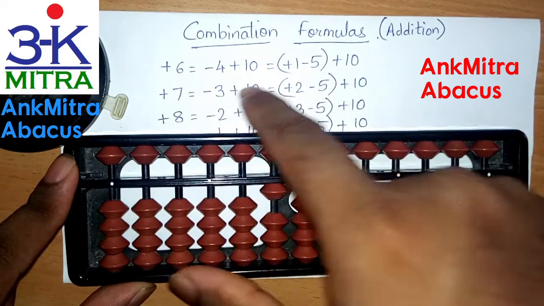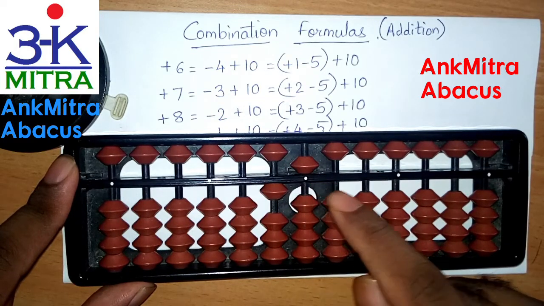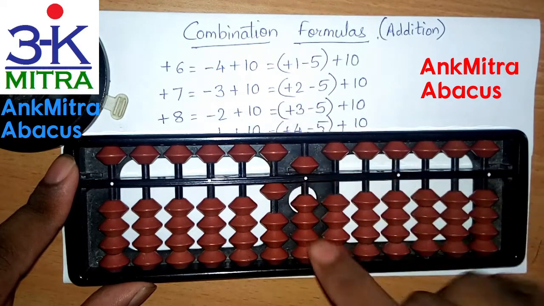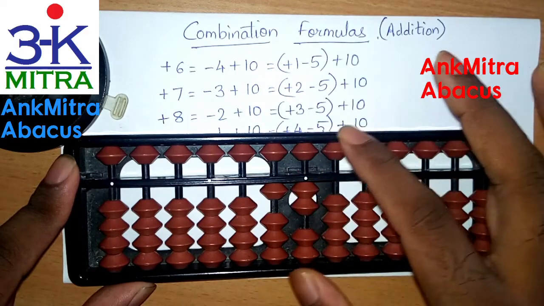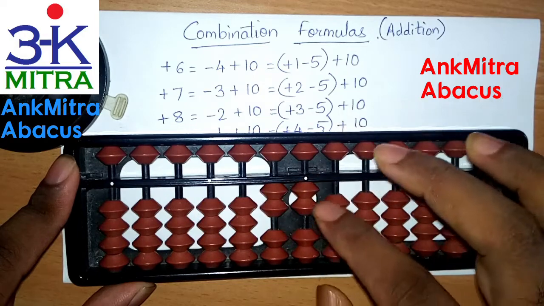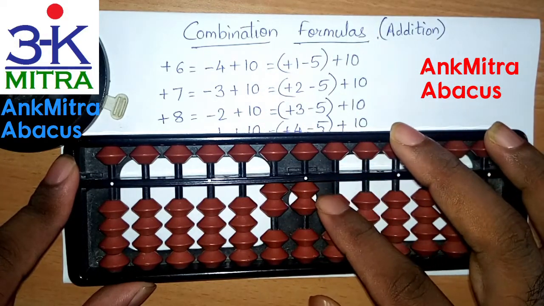So for adding 7 when we have 15 on the abacus, I do minus 3 using the small friend formula, which is plus 2 minus 5, and then finish it by adding 10, so that the addition of 7 is done, and we have the answer for 15 plus 7 as 22.